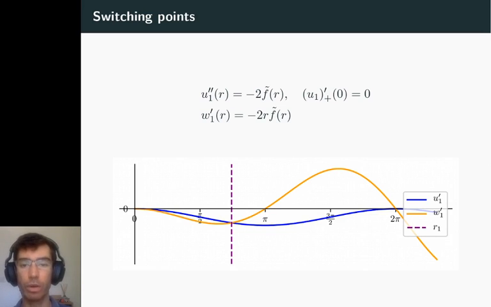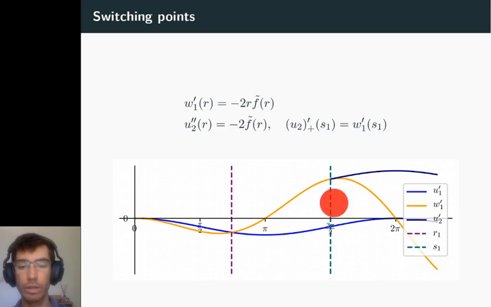Now for the second switching point, S1, this is the first point at which we would switch back to radial motion. So in this region to the right of S1, we expect this second order ODE to be solved. And now, as well as a continuous fit condition, we need to impose a smooth fit condition in order to solve the second order ODE.